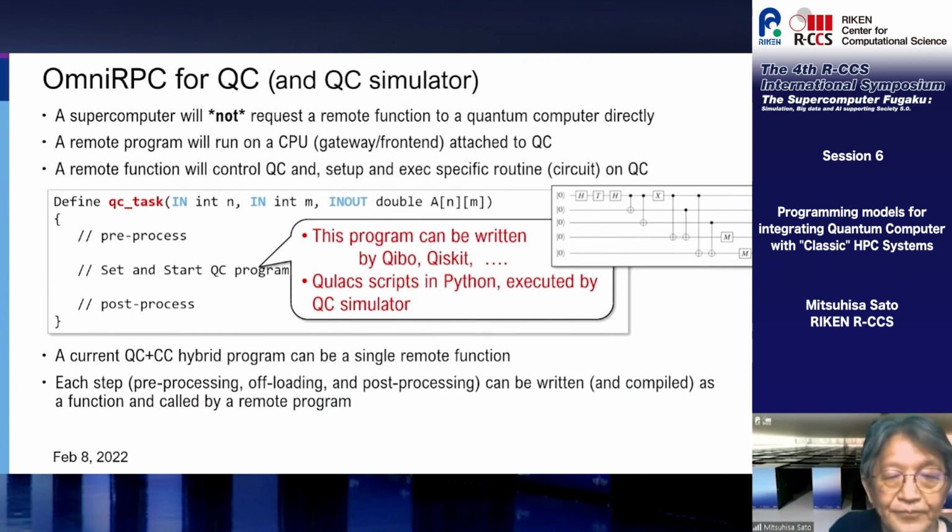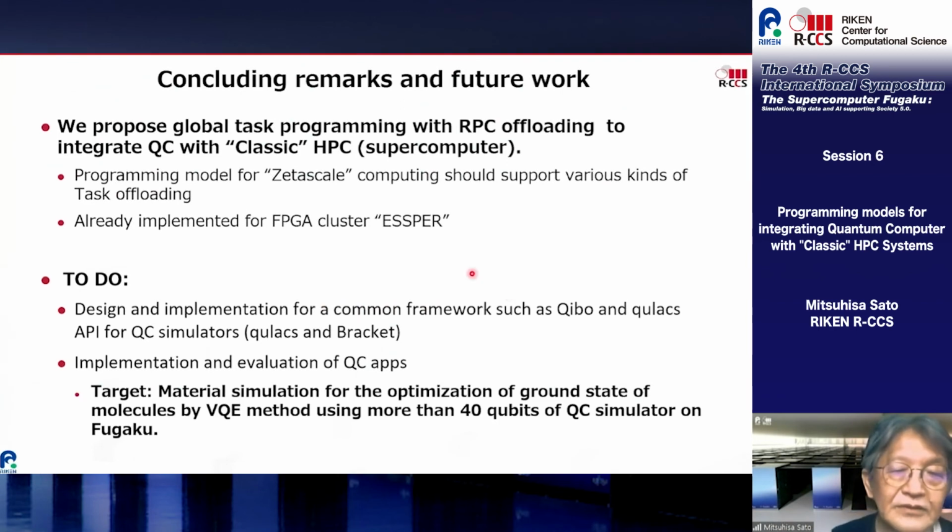Okay, to conclude my talk, we are proposing global task programming with RPC, which offloads quantum algorithms to quantum computers to integrate the quantum computer with classic HPC, especially in a supercomputer.